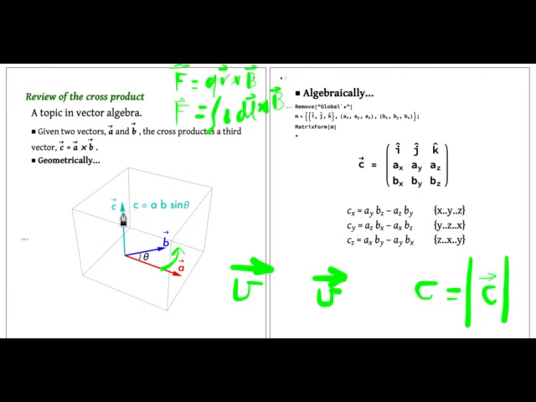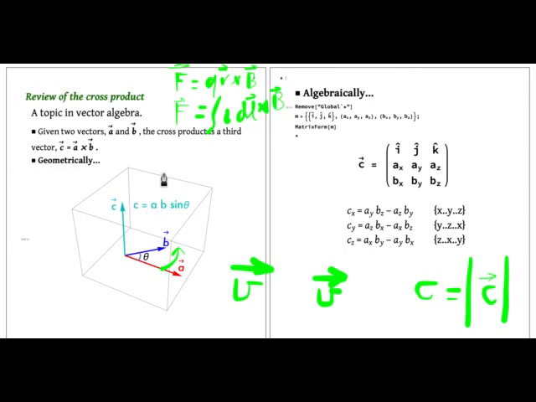All right, so the length of C is AB sine theta. If theta is equal to 0, in other words, if the two vectors don't cross, then C doesn't have any length. It's a vector with no length. It's just the 0 vector. If the angle between A and B is 90 degrees, then the magnitude of C is just the magnitude of A times the magnitude of B. So cross product is a kind of multiplication.